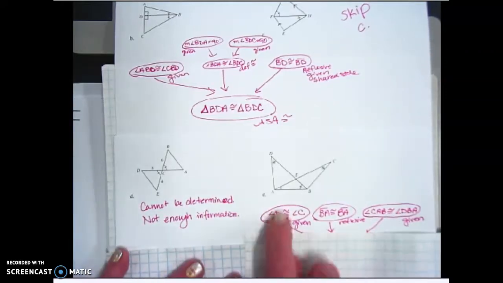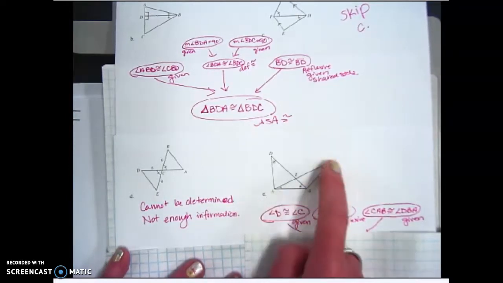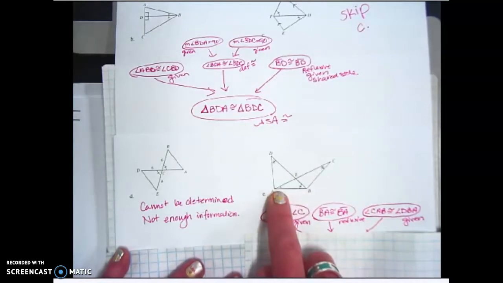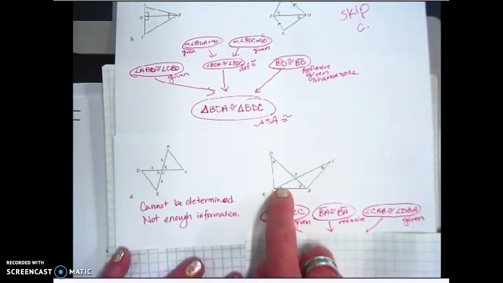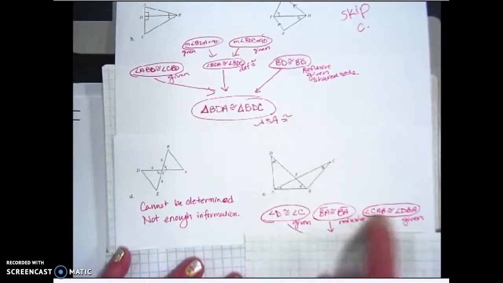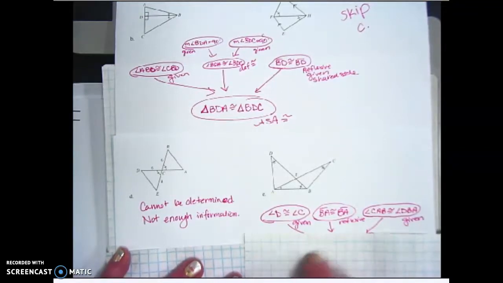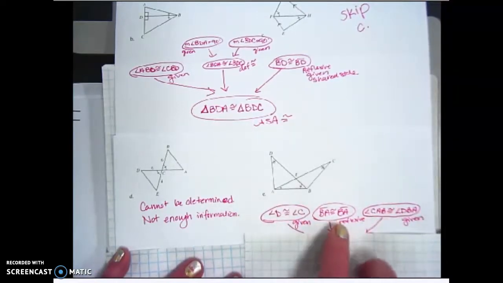Then there's one more congruence mark right here at angle CAB, and right here at angle DBA. We've got an arc mark with a tick and an arc mark with a single tick. So those two are congruent to each other as well, and that was given to us. Do we have enough information to prove congruence? Yeah, we've got these two angles and this side.